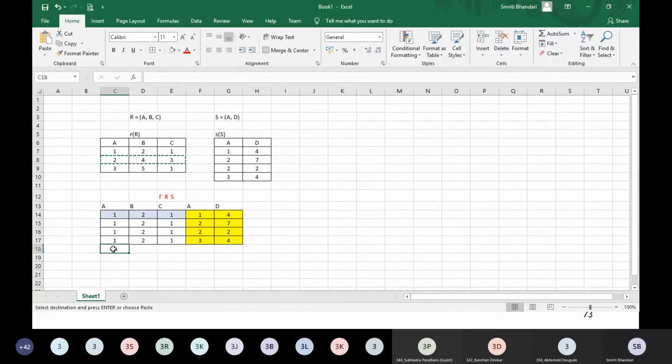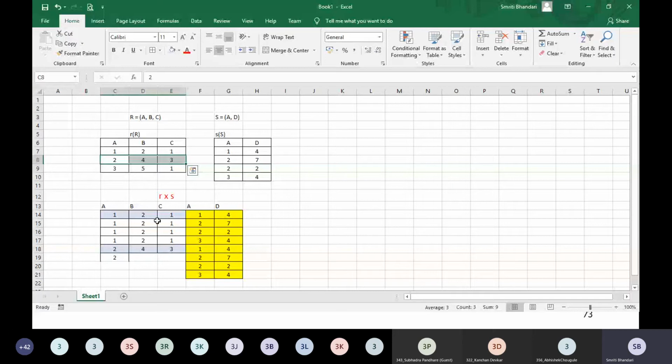Right? Similarly, this second tuple R gets paired with all 4 tuples from S. Do you agree with me? Yes, ma'am.